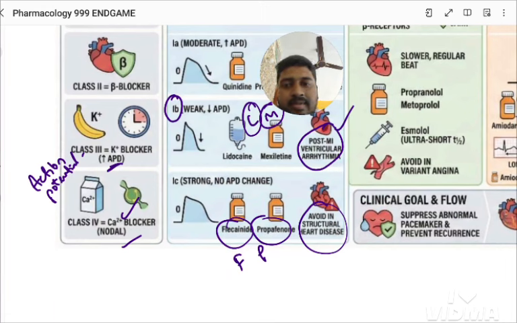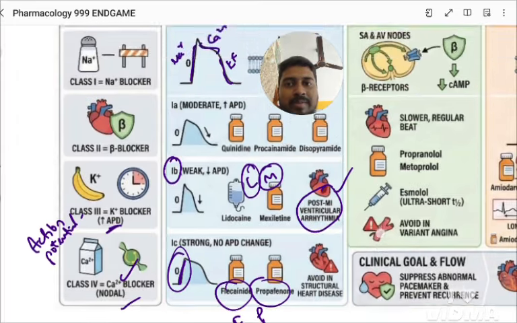That is because these drugs have very strong sodium block, so they can precipitate other arrhythmias also. Structural heart disease means valvular heart diseases, post MI scar, or some cardiomyopathies. In these we avoid these drugs because of their propensity to precipitate arrhythmia.